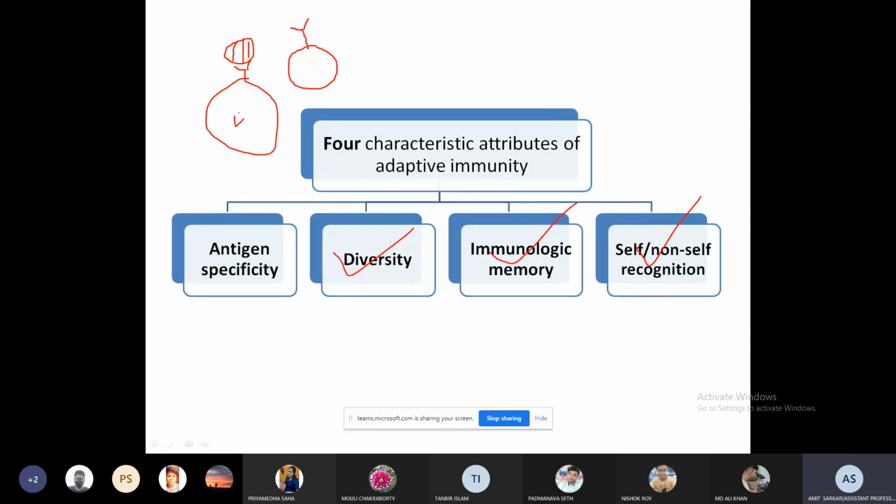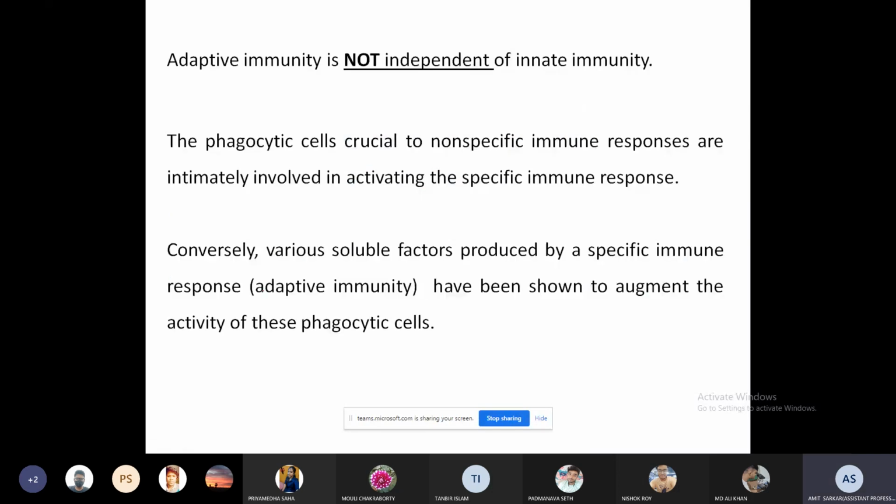If it is for E. coli, it is binding to the E. coli. And if it is specific to Salmonella, it is specific to Salmonella. It will never touch this antigen or this microorganism. It's so specific. So 4 different attributes: antigenic specificity, diversity, memory, and self, non-self recognition that you have to remember.